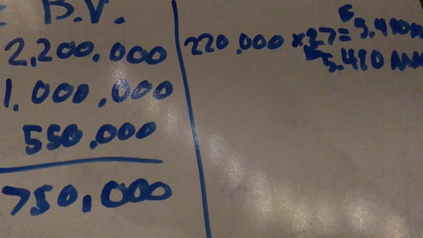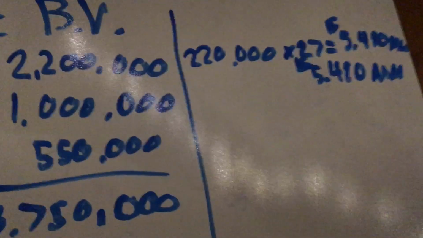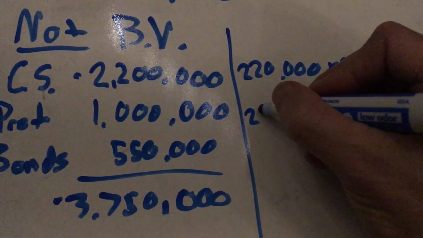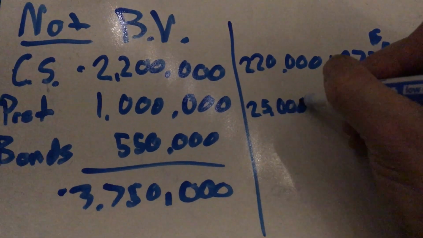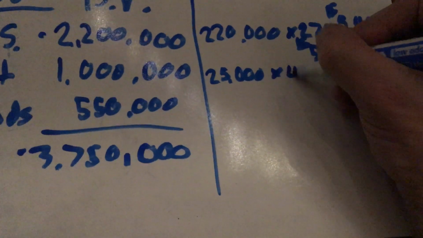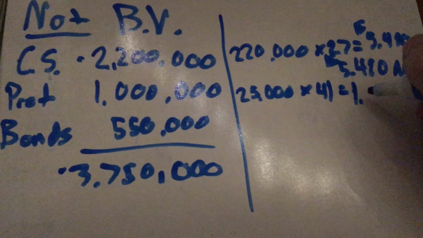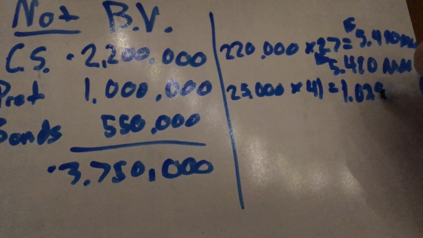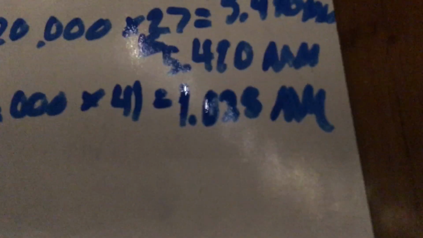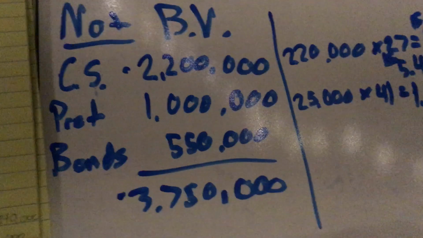That gives you the total market value of the shares that you have outstanding. For preferred stock, let's say that you have 25,000 shares, and they're selling at $41 each, and you get 1.025 million. And then last, your bonds.